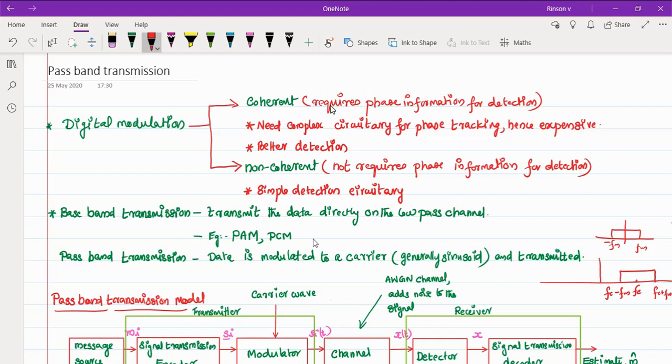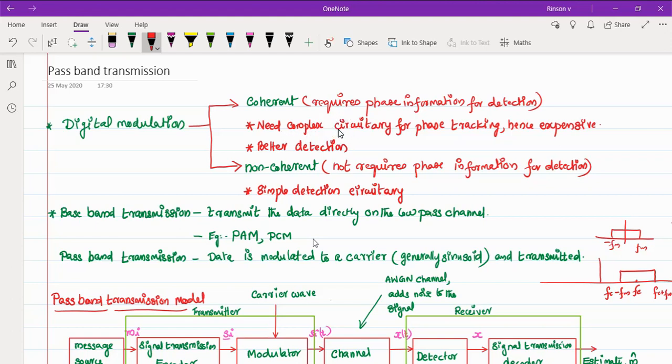The coherent system requires phase information for the detection of the transmitted signal. That is, I transmit my message, and in the receiver I need to know the exact phase of the transmitted signal to do the detection.